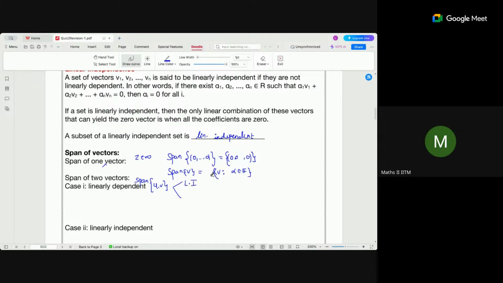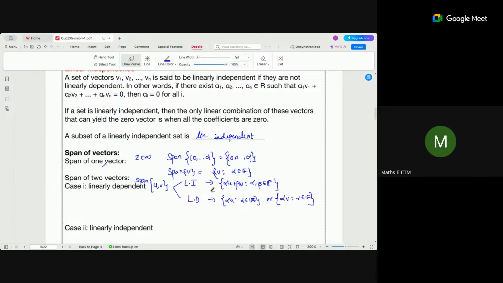Suppose it is linearly independent, in that case it is alpha u plus beta v, where alpha and beta belong to F. Suppose it is linearly dependent, then you can choose any one vector and write alpha u, alpha in R or alpha in F depending on the situation, or you can write alpha v, alpha in F. So in the independent case this will be the scenario, and in the dependent case this is the scenario.